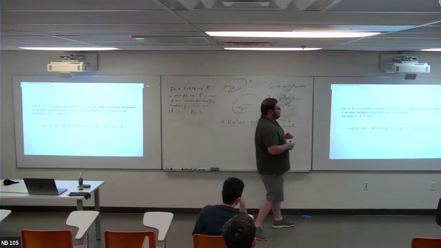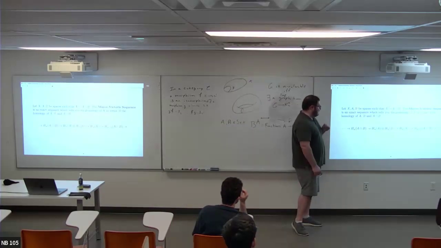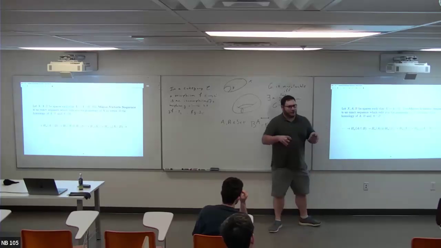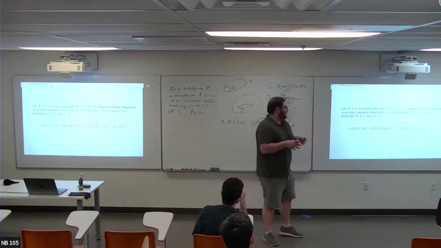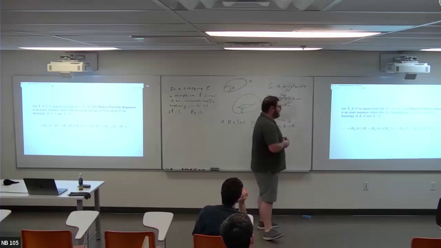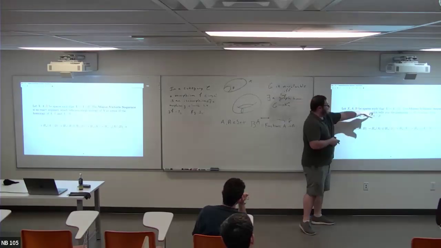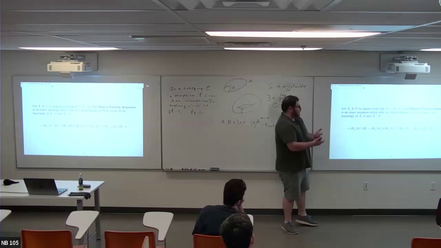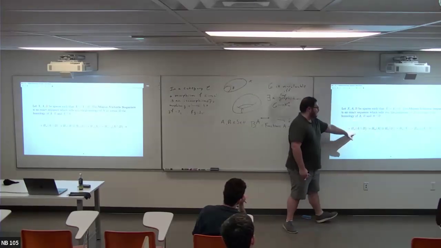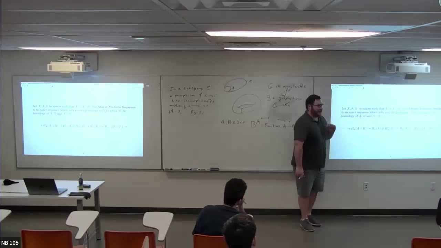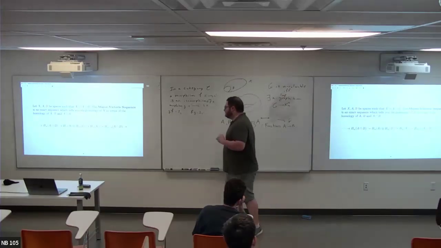So in topology, there's something called the Mayer-Vietoris sequence, which tells you how you can get the homology of a space by chopping it up into pieces. So if I have a space X that can be written as a union of 2 other spaces, then this tells you how to compute the homology in terms of the pieces and the intersection. Okay?